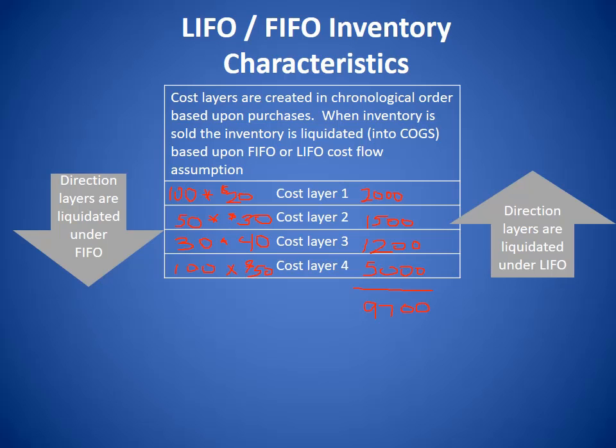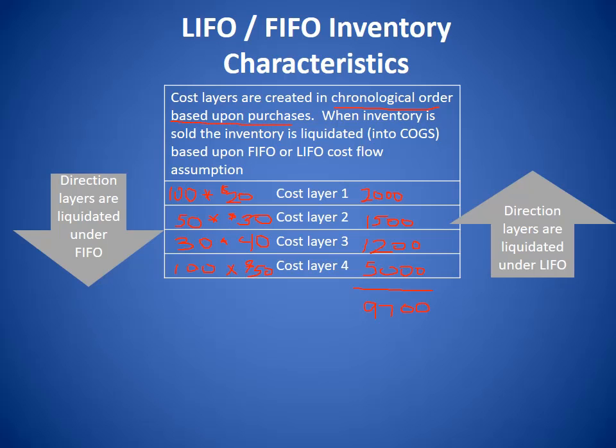Now, what happens in our inventory costing is when we sell stuff. You can think of these simply as cost layers, or as layers on a cake. Each layer represents a different amount of units at a different value per unit and a total value. The cost layers are created in chronological order based upon their purchases.